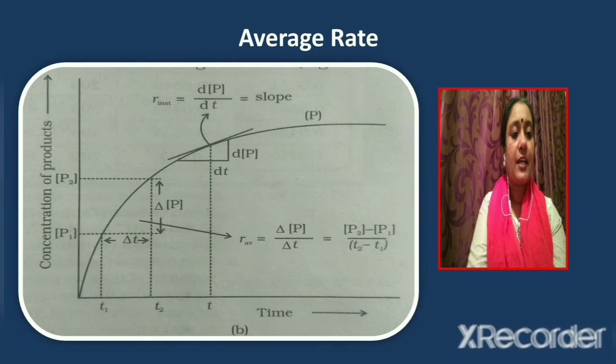Average rate can also be expressed in terms of the change in the concentration of the product and the time taken for that change to occur. So average rate is given as delta P by delta T, which is equal to P2 minus P1 by T2 minus T1.